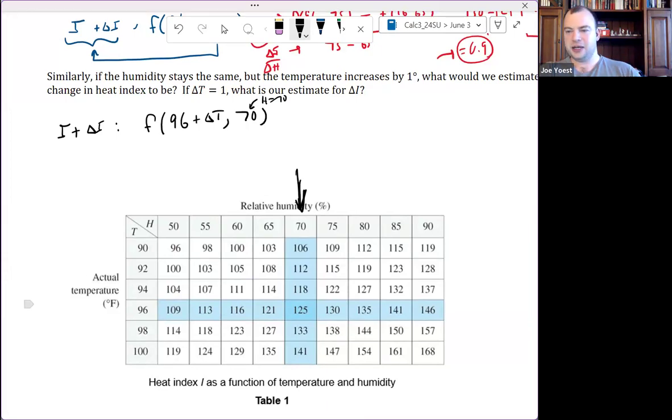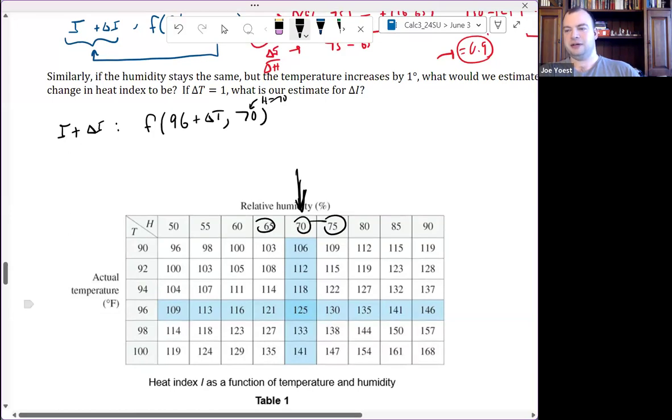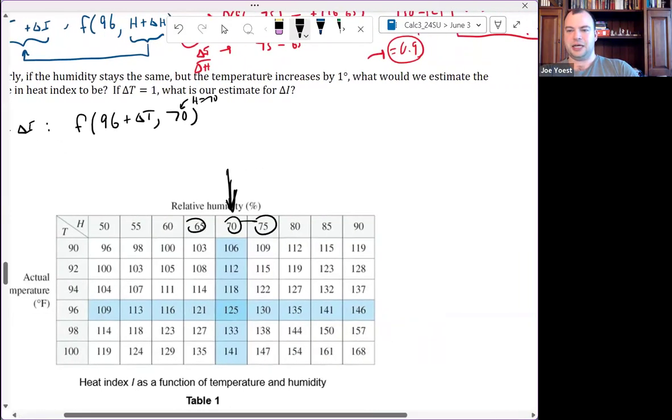And as an aside, why did I go from 65 to 75 instead of 70 to 75? In case you forgot the idea from Calc 1, if I'm looking for an estimate of the slope of the tangent line, I could go to one side, but that's going to give me either an overestimate, or if I went to the other side, an underestimate.